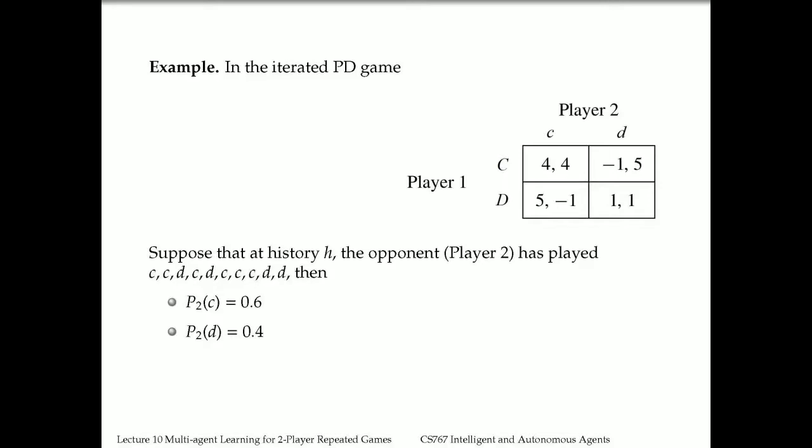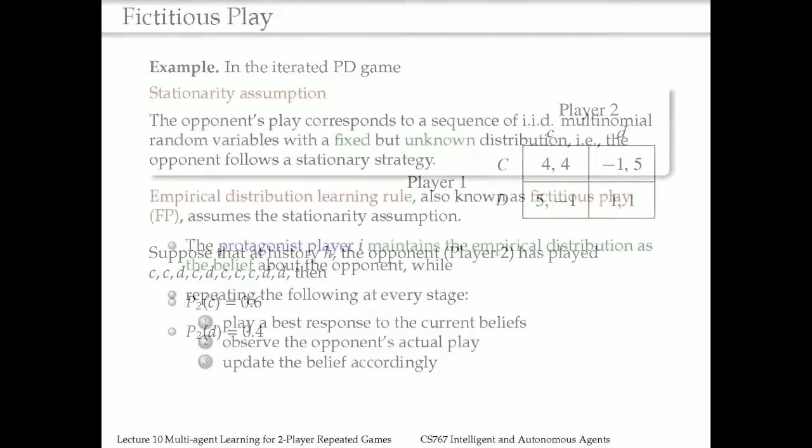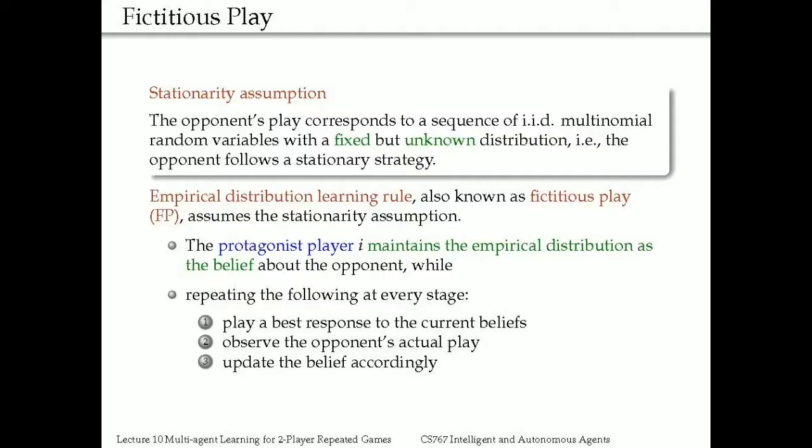And to describe the learning rule called fictitious play, we basically make the following assumption. We assume that the opponents are in fact not very strategic, in the sense that they are strategic only at the level of a stage game, rather than thinking about the entire dynamics of the repeated game. The opponent would just play according to some sort of stationary strategy.